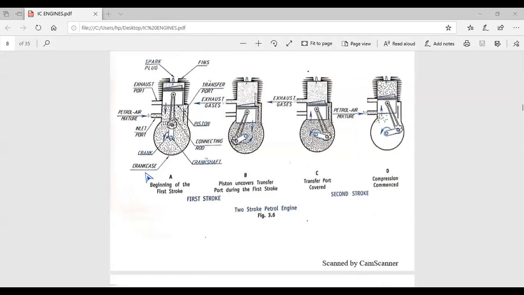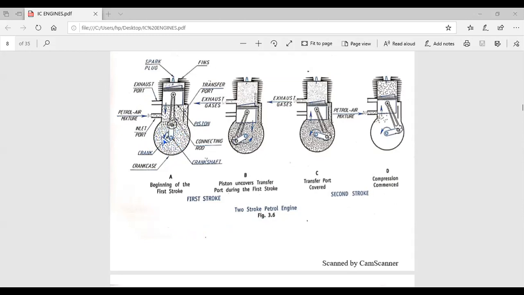Say, one cycle of the engine is completed by the two strokes of the piston, from top to the bottom and bottom to the top. The top position is always called top dead center and the bottom position is called bottom dead center. So in the two-stroke engine, the crankcase serves as the chamber where you can compress the air and petrol mixture.